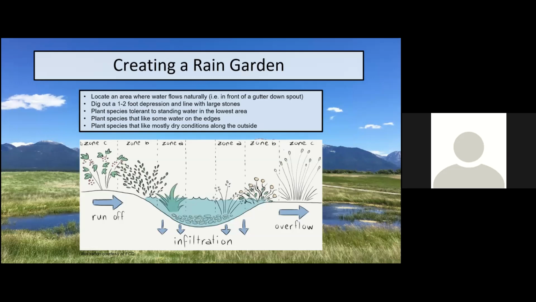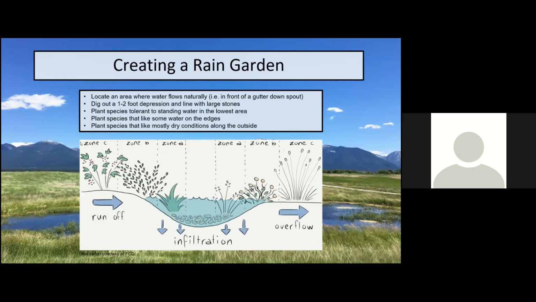And then this one, the Flathead Conservation District already had a webinar on rain gardens. So if you wanted to put in a rain garden, you can definitely go back and look at that. But a brief overview of a rain garden.